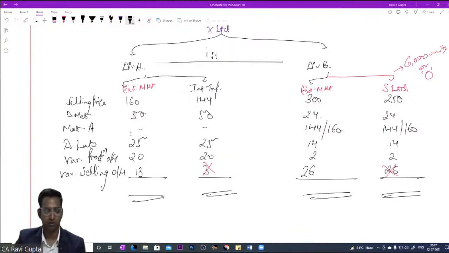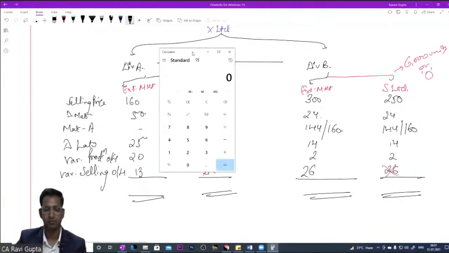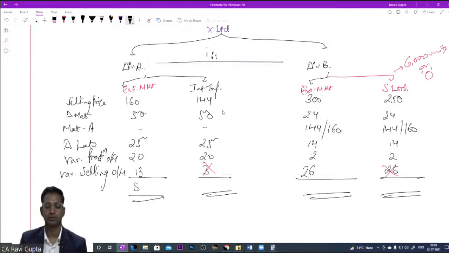Can you help me out with calculating the contribution? See, 160 minus 50 minus 25 minus 20 minus 30, that is 52 rupees.